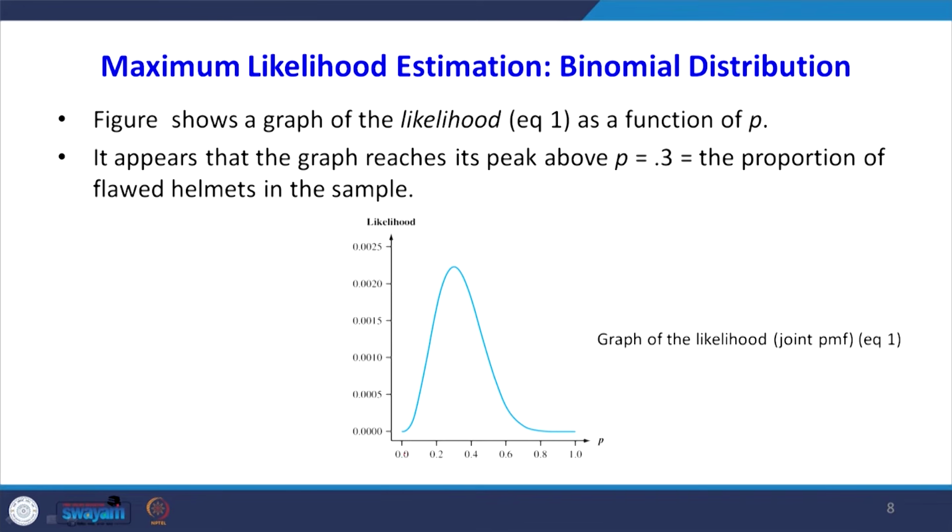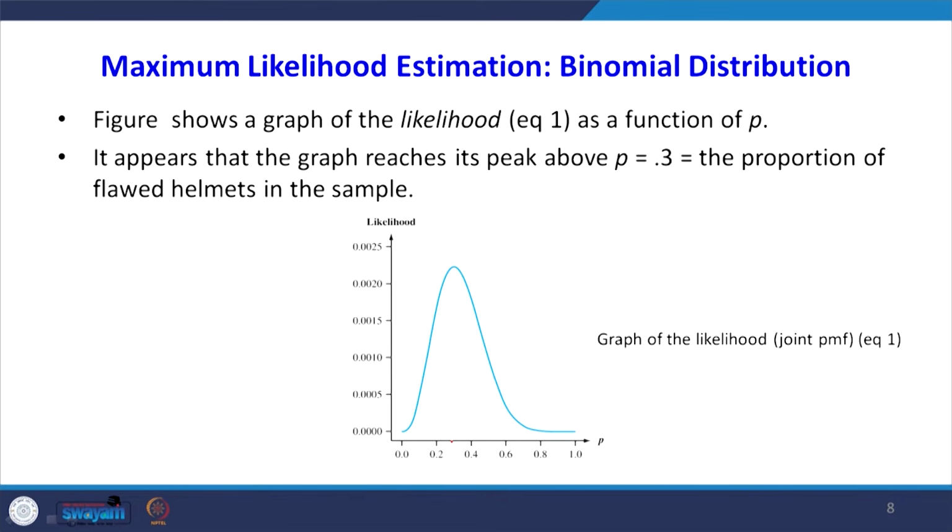So we draw a graph by supplying different values of p in equation 1, then we find out the likelihood value. It appears that the graph reaches its peak at about 0.3, equal to the proportion of flawed helmets in the sample.